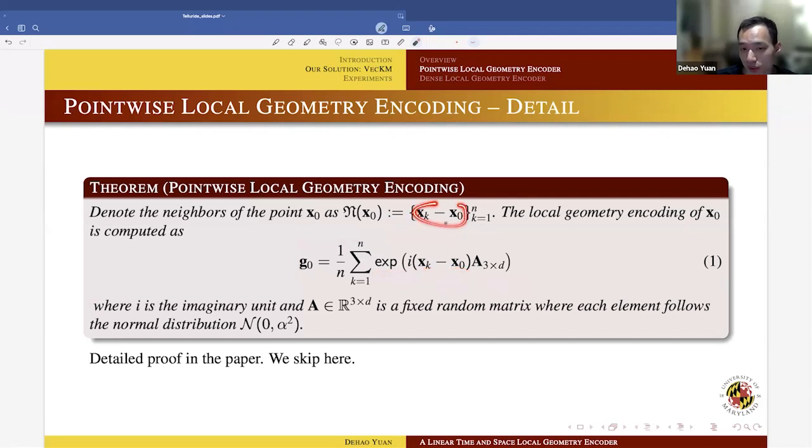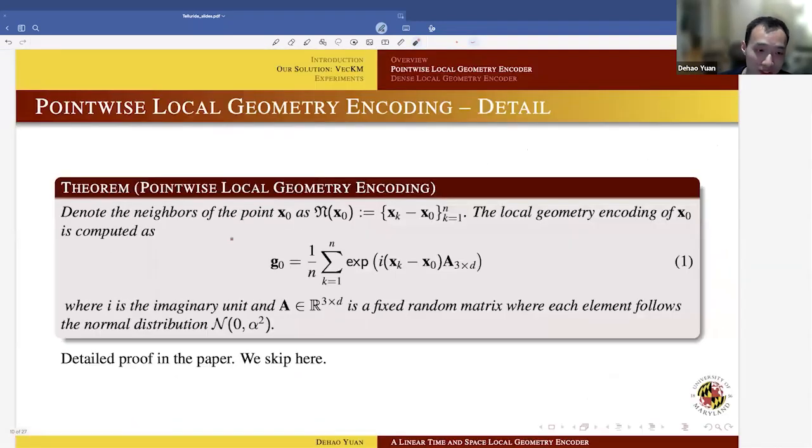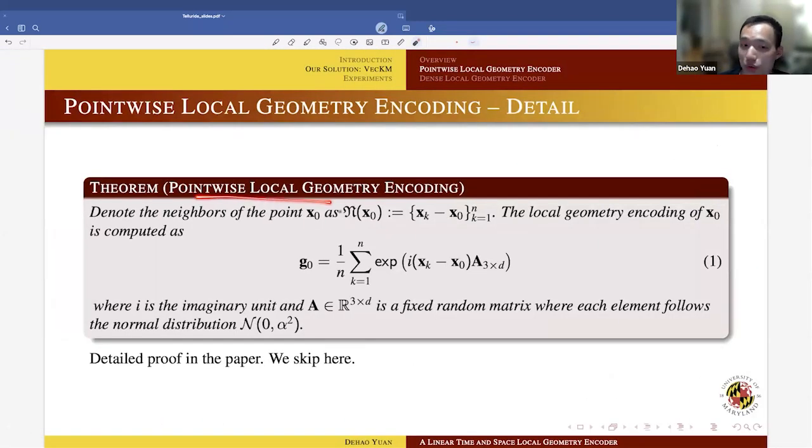You just input this point here, and A is a fixed random matrix drawn from a normal distribution. So this is a kernel trick. You can see the paper for details. And that's it. Previously this was about point-wise local geometry encoding.